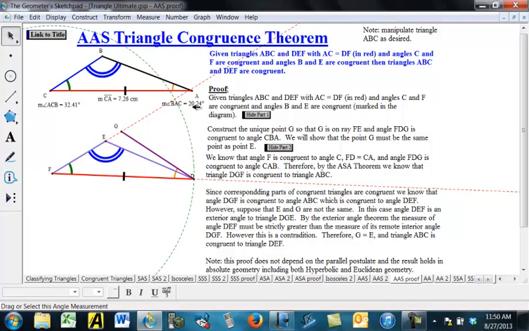And so those two triangles must be congruent. And among other things, that means that the distance from F to G is the same as the distance from C to B.